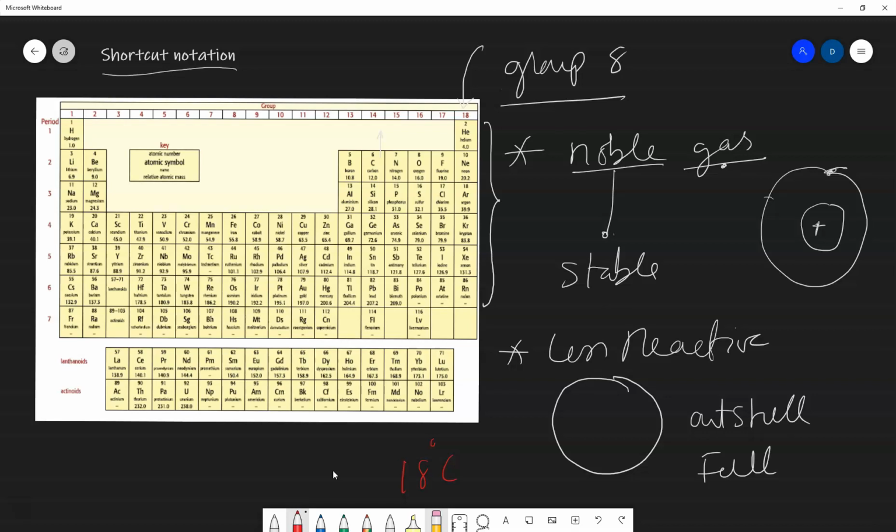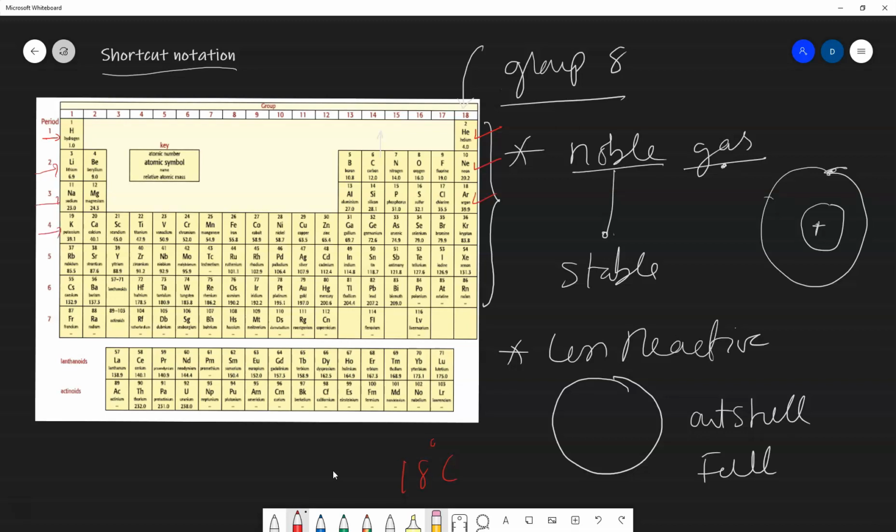So when you speak about shortcut notation, you will be using the last elements of every period. In period 1, the last element is helium. In period 2, the last element is neon. In period 3, it is argon.